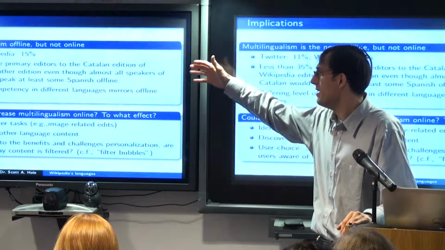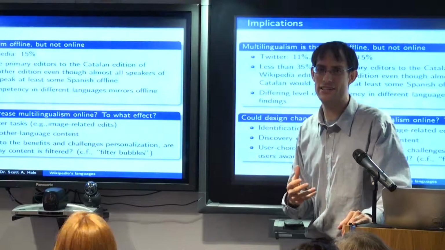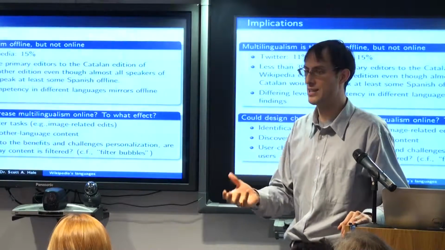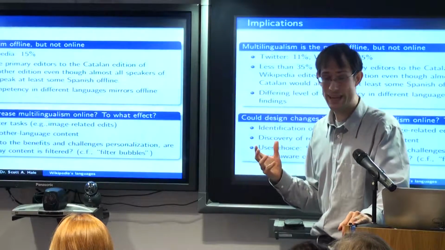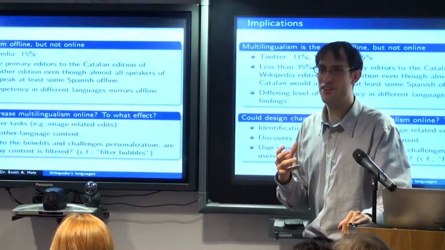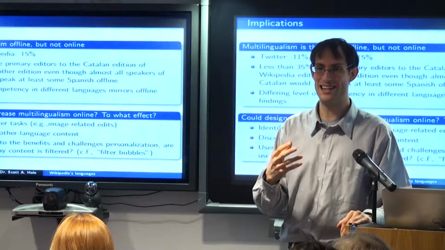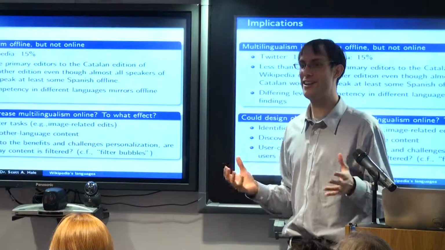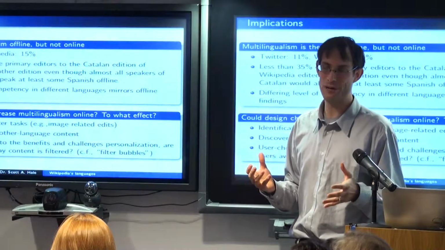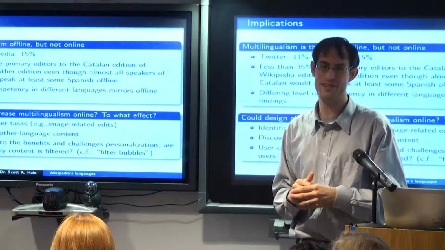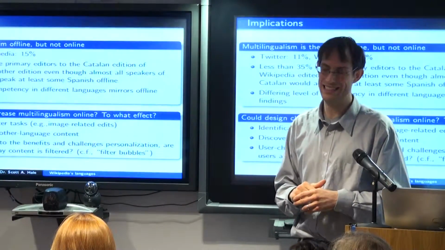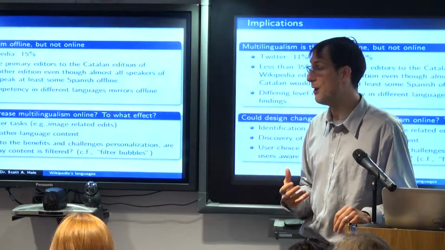Well, and even in places where we might expect a high degree of multilingualism, so Catalan in Spain, well, 35% of the people who primarily edit the Catalan edition of Wikipedia do not edit any other language edition of Wikipedia, even though many of those individuals would interact in Spanish or another language as well.